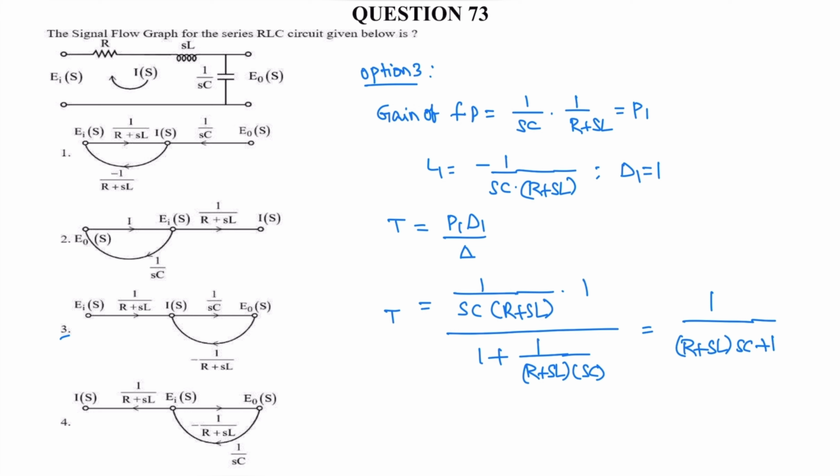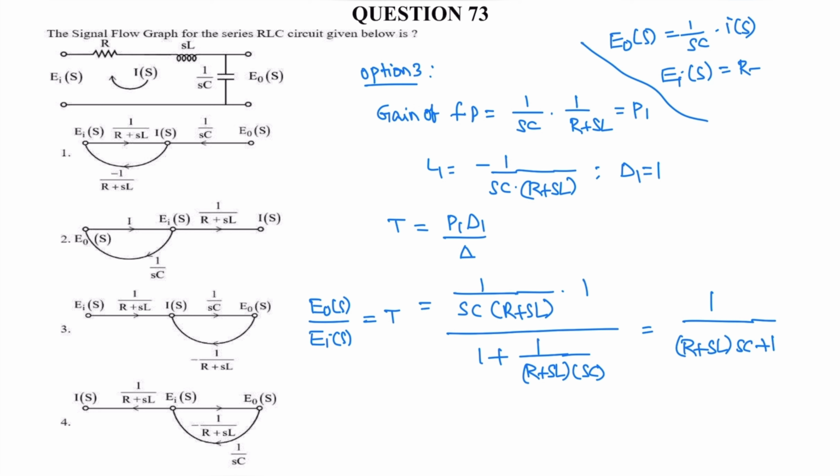Now the transfer function is Eo of S by Ei of S. From this diagram, Eo of S is 1 by SC into I of S, and Ei of S, from the given series RLC circuit, is R plus SL plus 1 by SC into the current I of S. So Eo of S by Ei of S, output by input, that is the transfer function, will result in the same expression.